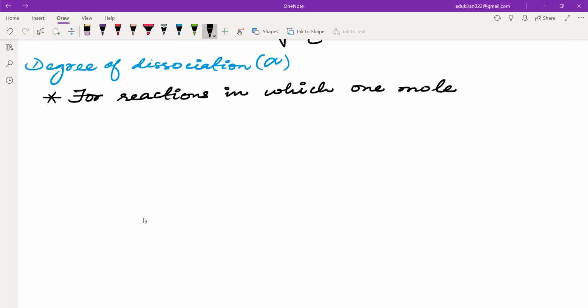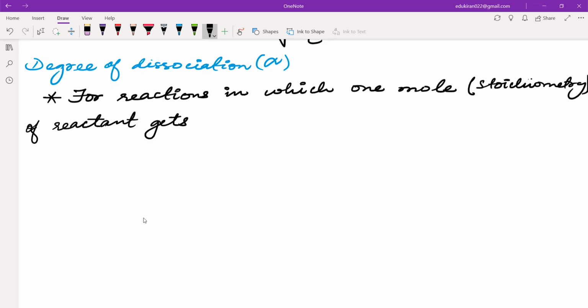It means according to stoichiometry, in which 1 mole of reactant gets dissociated.